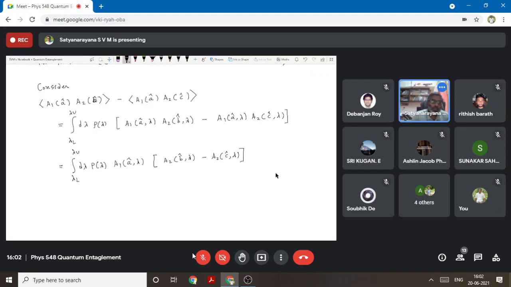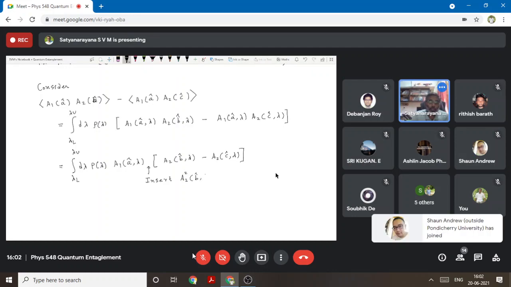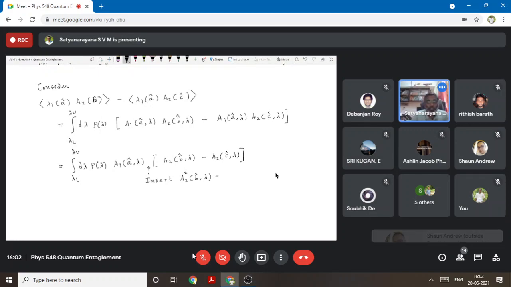So what I am going to do is, here I have 1, so at this place I am going to insert A2 square of B comma lambda, that is equal to 1 anyway.